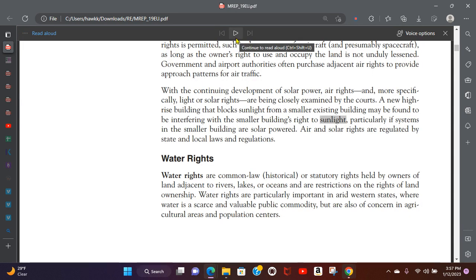So when you check out those rural fairs, they said it's new. When they came here, they said it's a new world. A new high-rise building that blocks sunlight from a smaller existing building may be found to be interfering with the smaller building's right to sunlight.